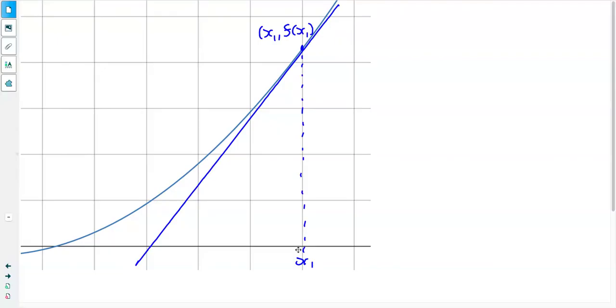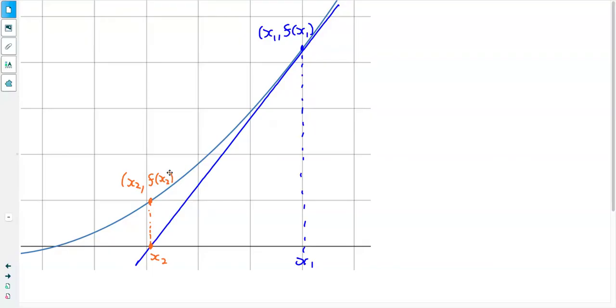This point where it crosses here, we'll call x2, and we will go up to our graph. We know this coordinate is x2, and we substitute it into our function to get the y value here, so f of x2.